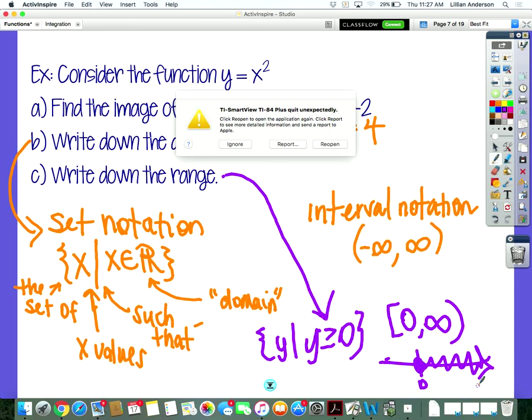The only time is if it was ever an open circle, then you have a parenthesis. And the reason why it's a parenthesis around infinity is that it's not a defined number. At no point in time will it ever stop anywhere. The parenthesis symbolizes that that number is not included. Bracket means that it is included within the range.